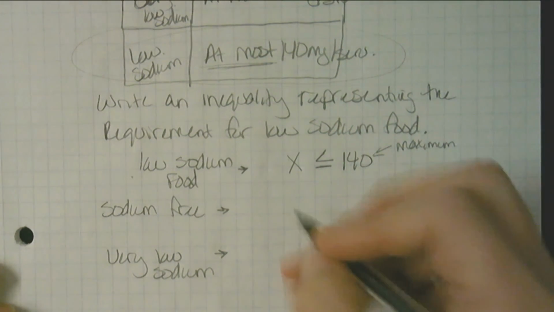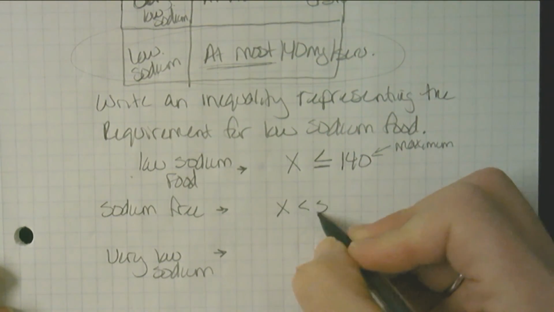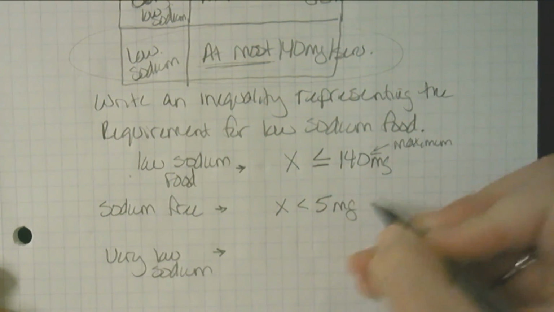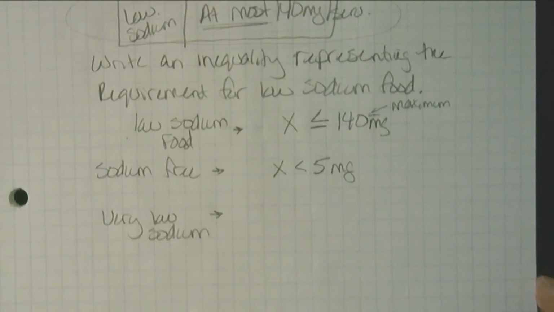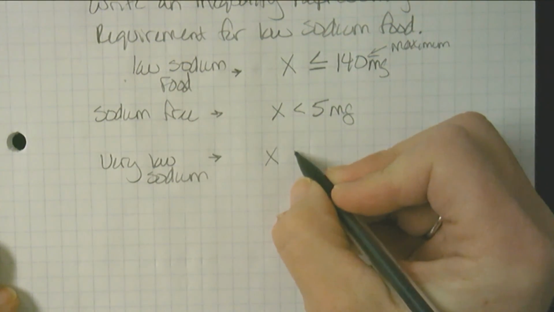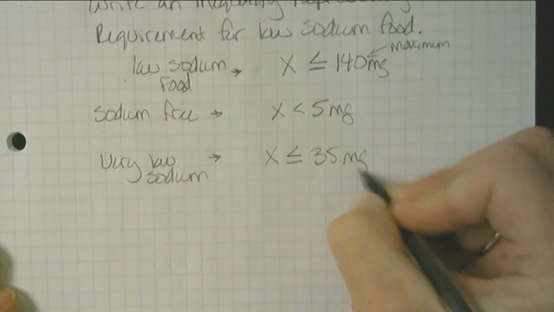Kira? Why only less than? Yep, so it doesn't include it as well. And I like that you reminded me to put milligrams on there. So make sure you put the units on there as well. So milligrams. Excellent. Someone do the very low sodium for me. Michaela? Y less than or equal to.